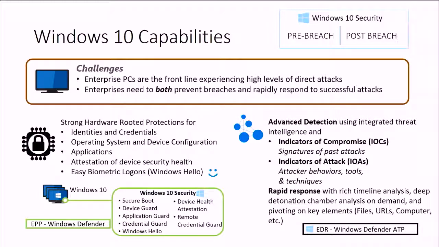Yes. And once we do that, we can send the signal back down, and that's block at first sight. The first time we see that this is malicious, we are able to create protective signatures, if you will, for lack of a better word, and send them downstream in real time, so that it's not just that customer, but all the customers from then on are protected.